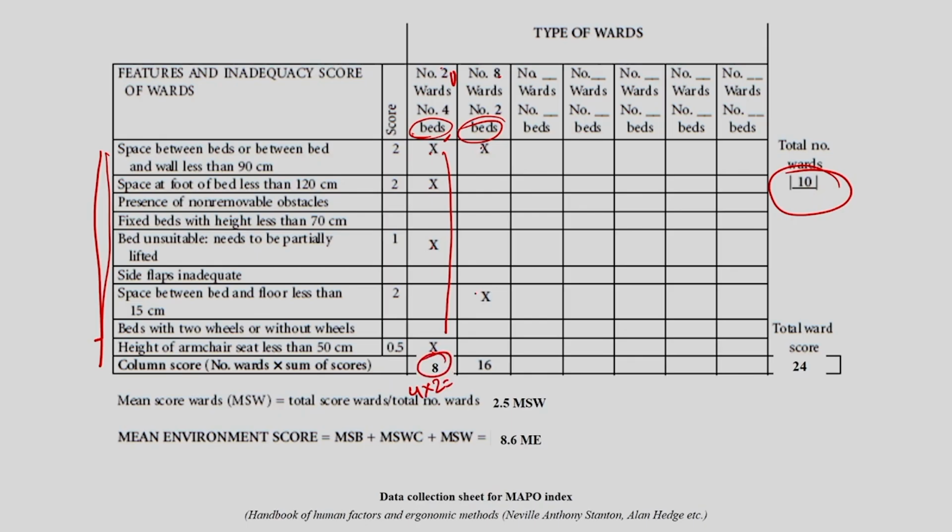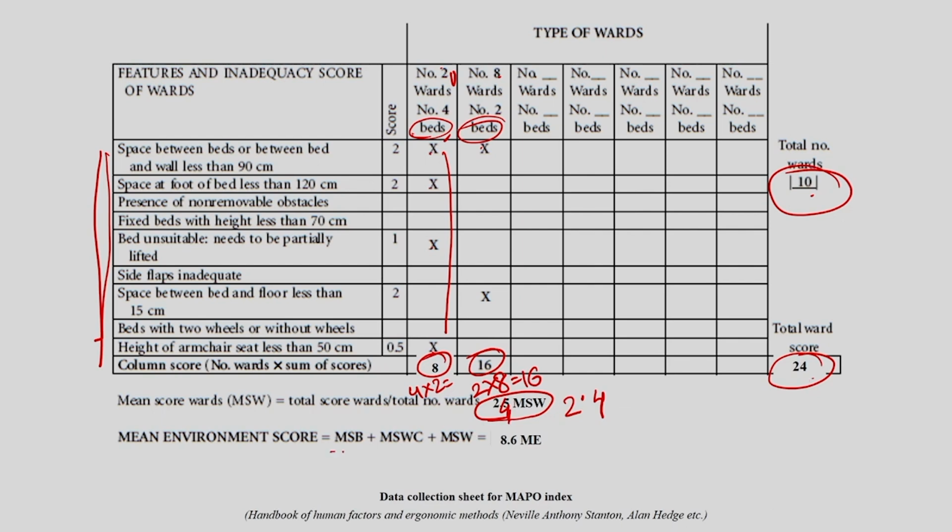Here you have 2 values and you have a total of 8 wards, so the value is 16. So 8 plus 16 is 24, and 24 divided by 10 is 2.4, not 2.5. It is 2.4, not 5, it is 4. So this is how you calculate the ward score.